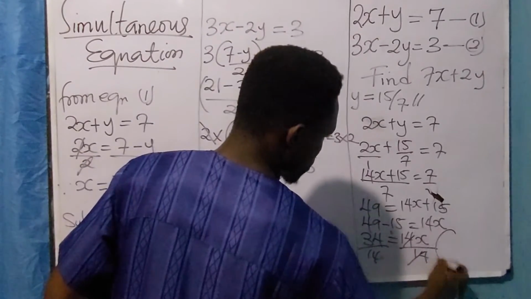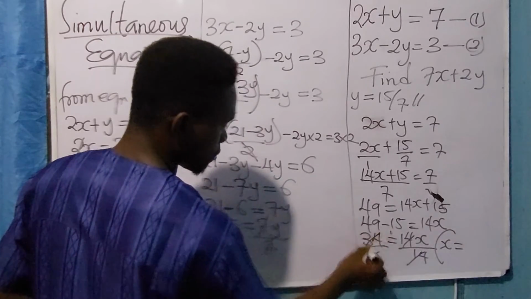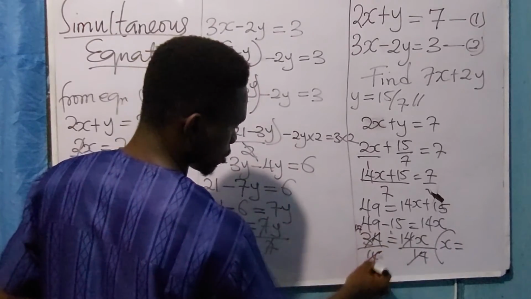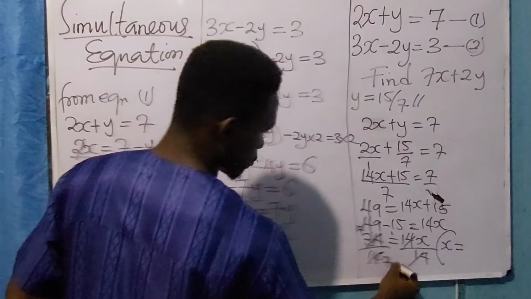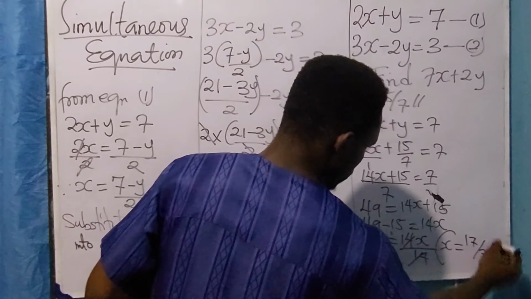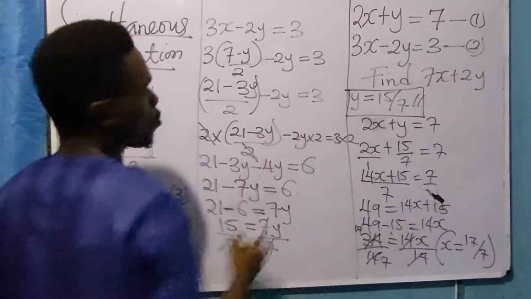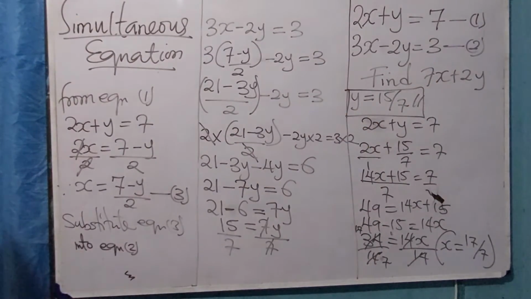Which means that x equals 2 into 34 is 17, then 2 into 14 is 7. You now have 17 over 7. So this is the value of x, and this is the value of y.